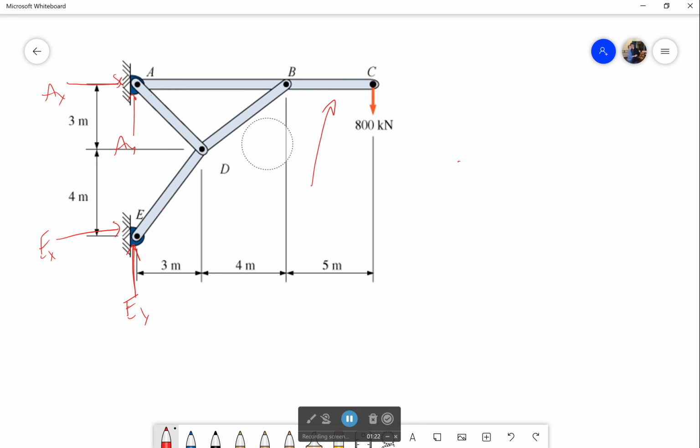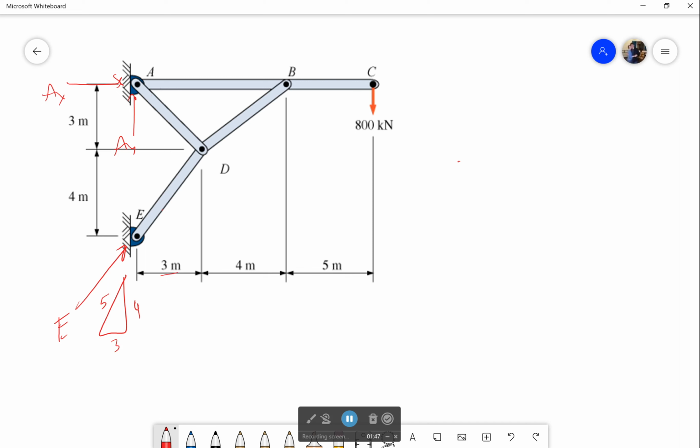Because of that, we know the direction of the force that's coming out of them. And in fact, if I wanted to, instead of having EX and EY, I'm going to draw this as a force like this. I call it E, and just say that I know the slope, which is going to be based on geometry. So rise of 4, run of 3. And that'll give me a hypotenuse of 5.